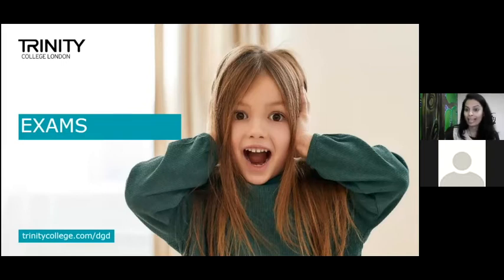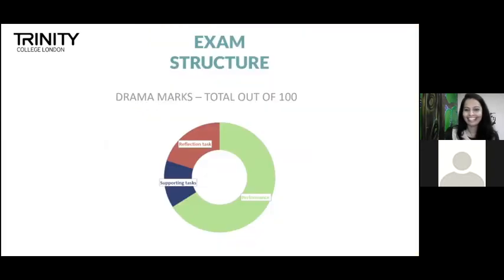Let's get into the actual exams. Most of the exam is your performance, which you have prepared for. Then you have to show a key skill, which is given as a stimulus on the spot. And then you have a discussion, a reflection task, which is a conversation with the examiner. All of it has been described very clearly in the syllabus under the assessment criteria and the learning outcomes.